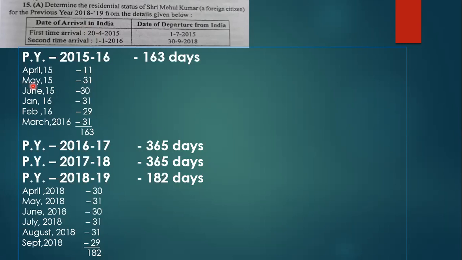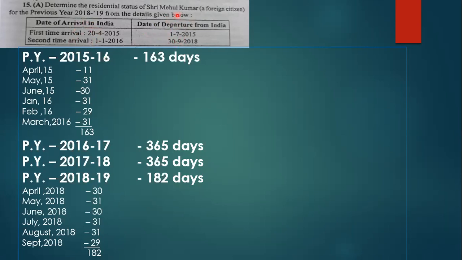Then during the whole May month, he is in India. So May is 31 days. Then in June 2015, he stays for 30 days because the date of departure is 1/7, meaning 1 July. Now we will not include this first day of July because we have already included the arrival day.